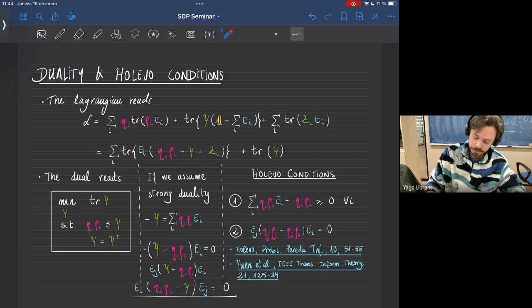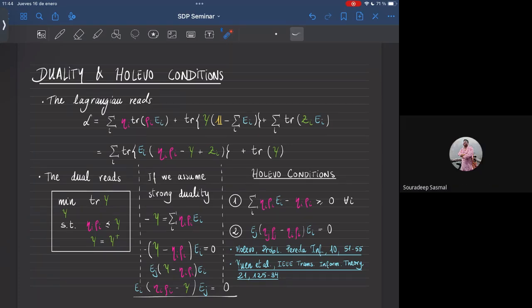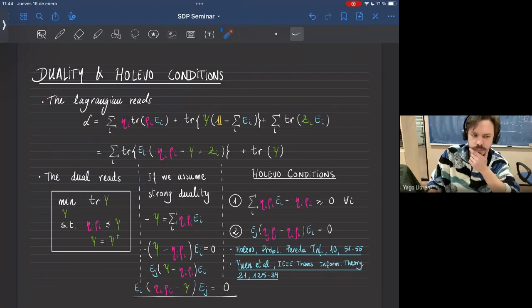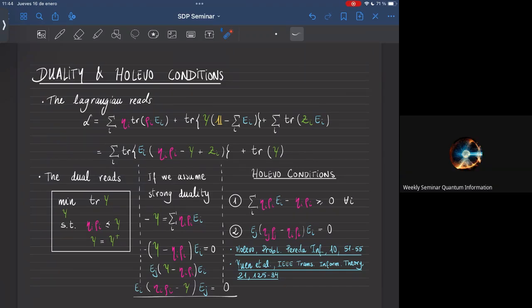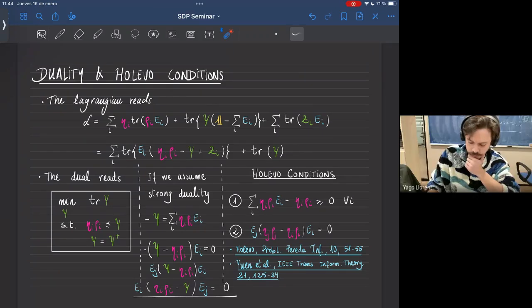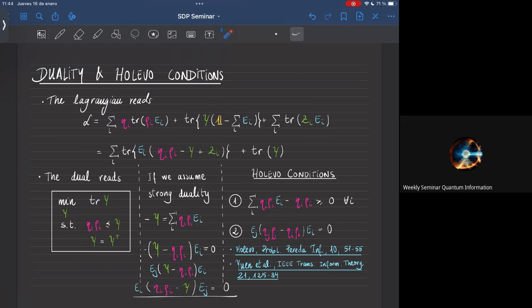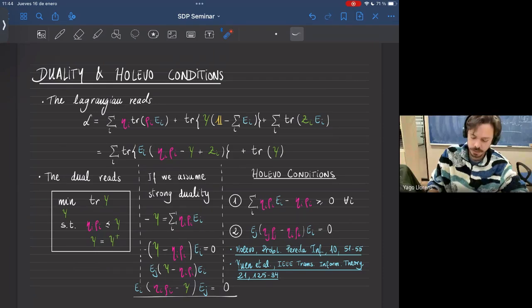Iago, in these dual problems, when you are using this eta I rho I less than or equal to y, can you just explain once again? Because from your earlier notation, your constraint was eta I rho I minus y plus Z equal to 0, right? Yes, that's it.